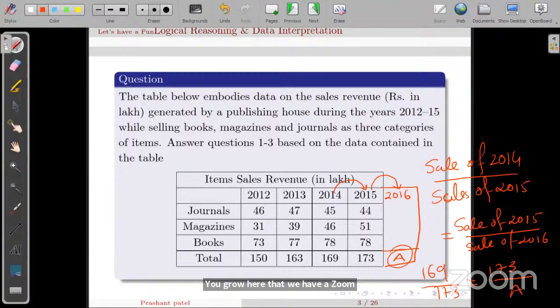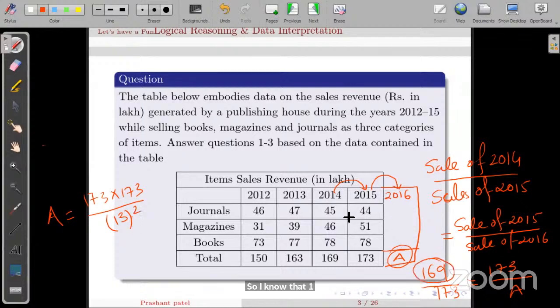So if you simplify this, making A the subject, you will get A equal to 173 multiplied by 173 divided by 169. Sorry, 13 square. That is why I have written 13 square, because we need to divide this and find out how much it is. I know that 169 is 13 square, so I can write 173 divided by 13 into 173 divided by 13.